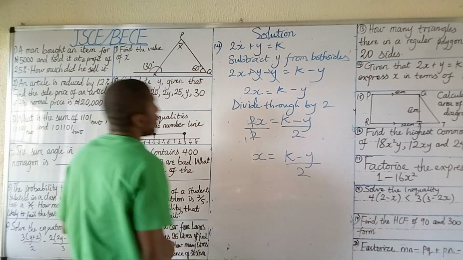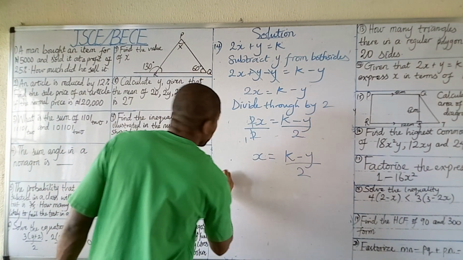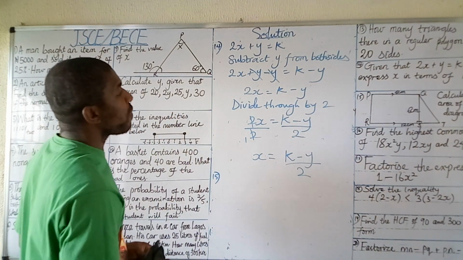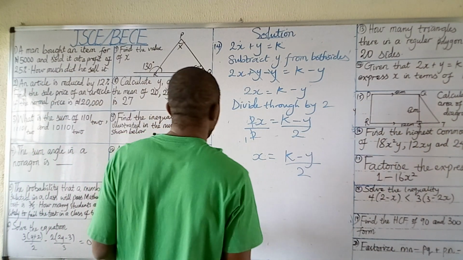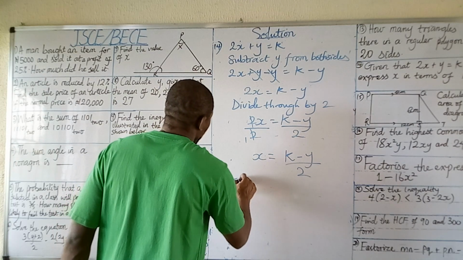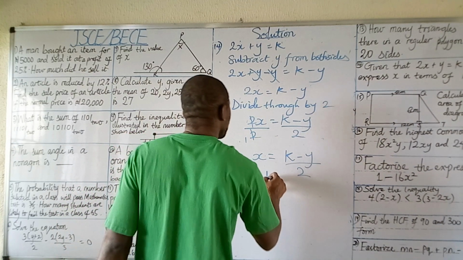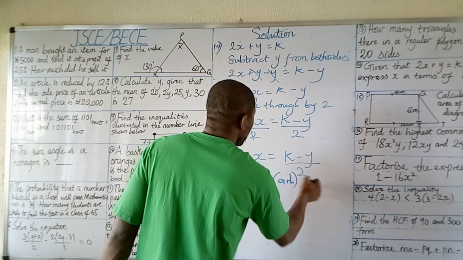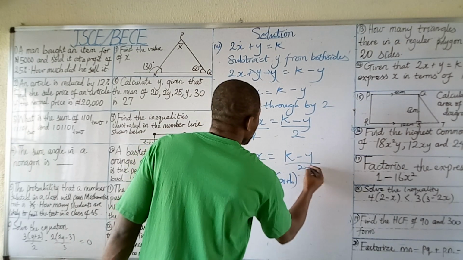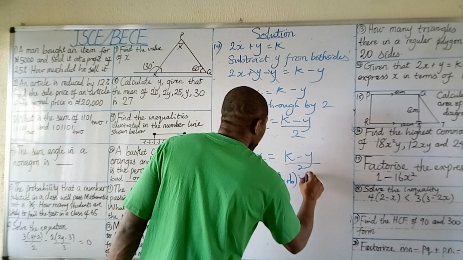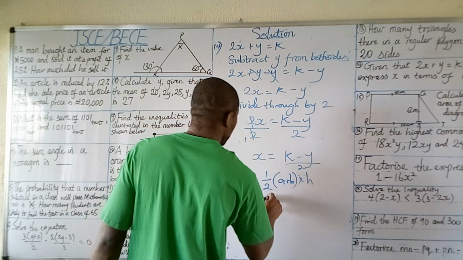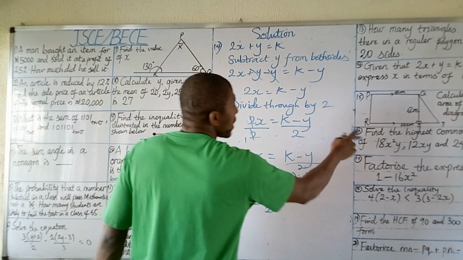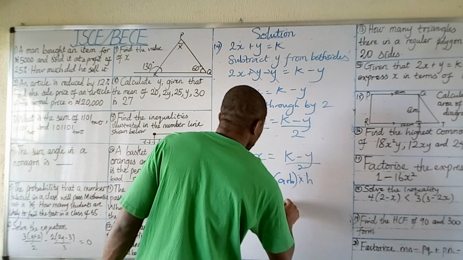Alright, it reads as, we should find the area of the trapezium. Area of a trapezium is equal to 1 over 2, bracket open, side A plus side B, times height. So this will be 1 over 2. Side A is the shorter side, which is 6.